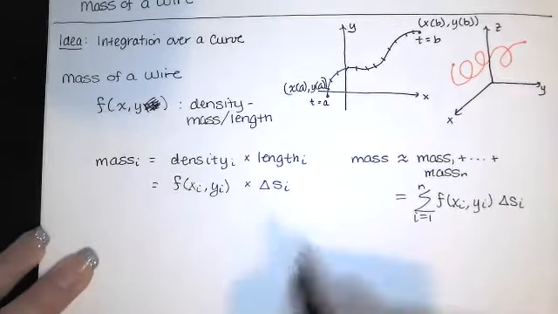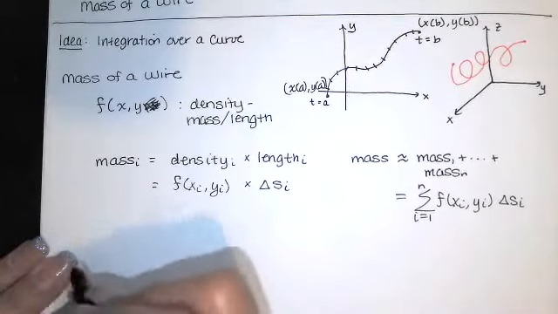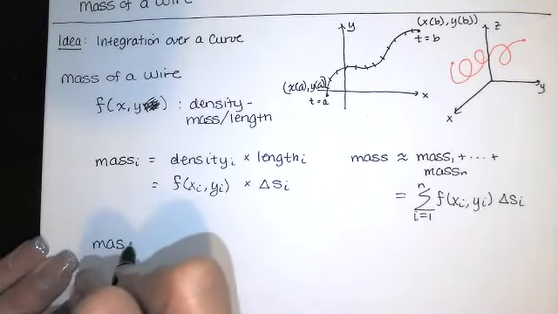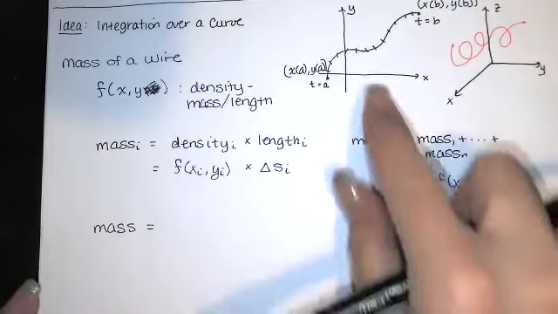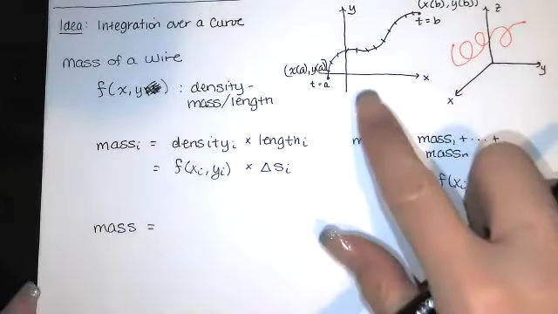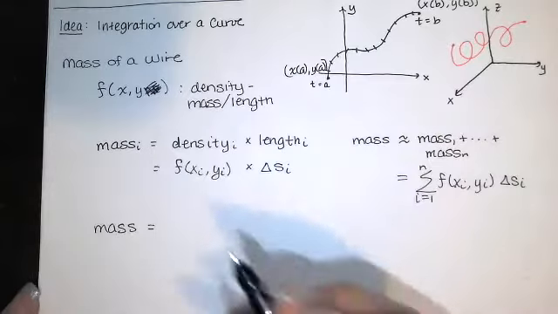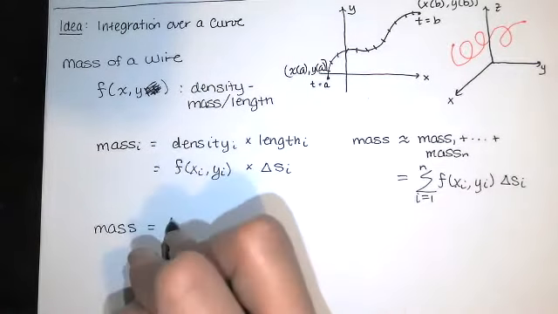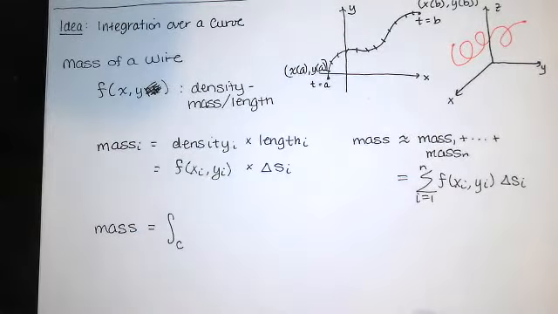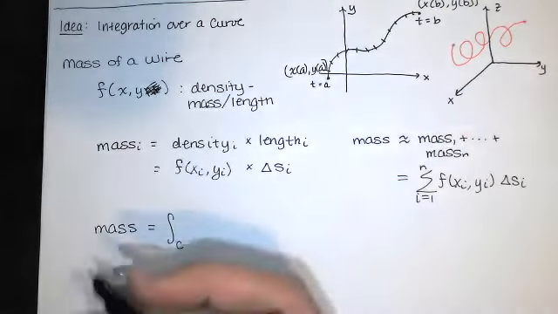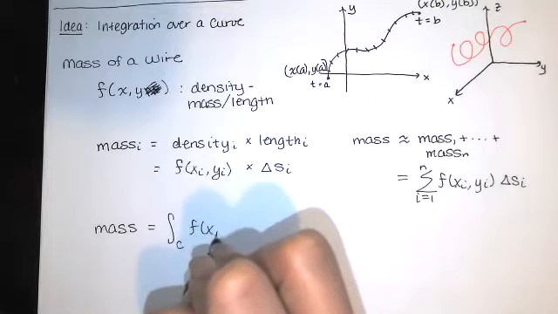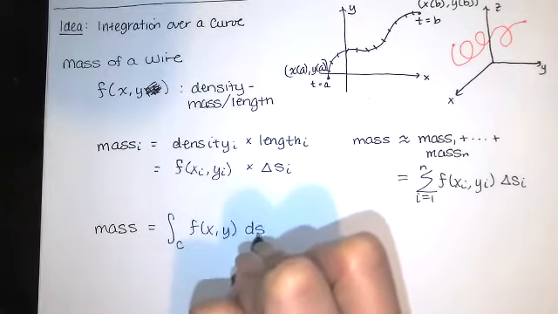And then if I want the exact mass, under some circumstances, and those circumstances are that our curve C is a piecewise smooth curve, then what I get is the total mass is the integral over C of f of x, y ds.